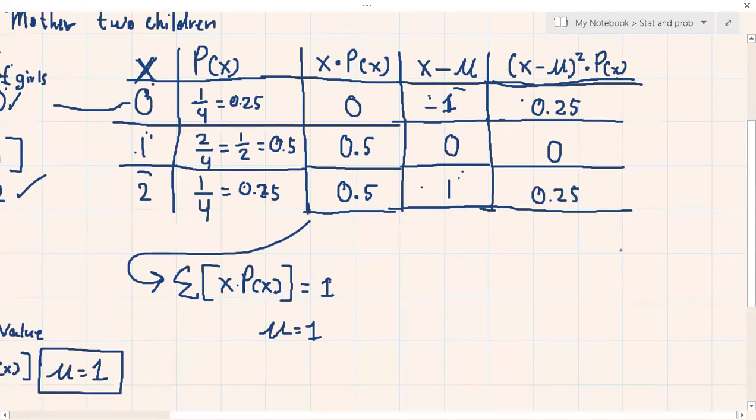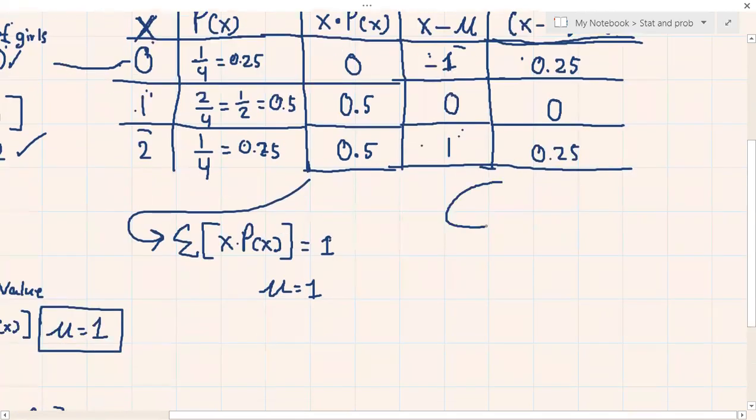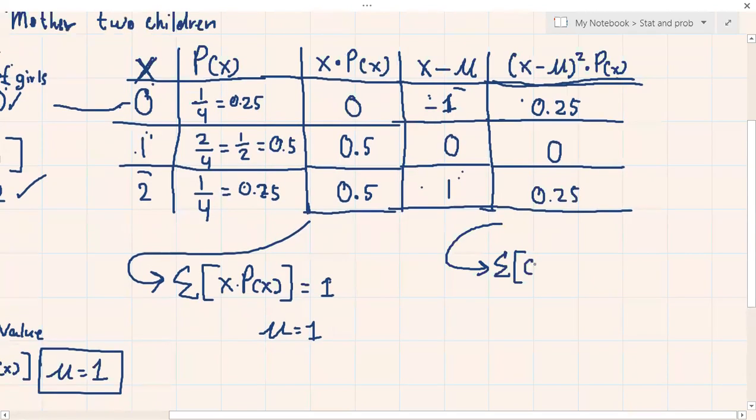That's it. Now, ang gagawin natin is we will get the sum of the product of the square of the difference between x and the mean times p of x. Basically, the summation of the square of x minus the mean times p of x.